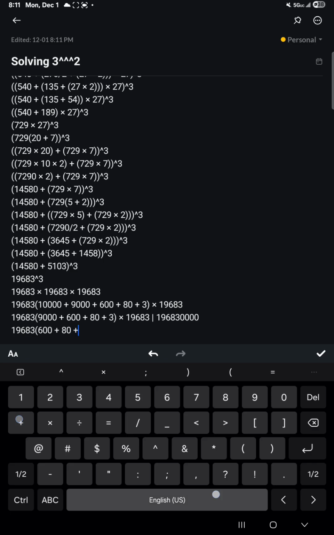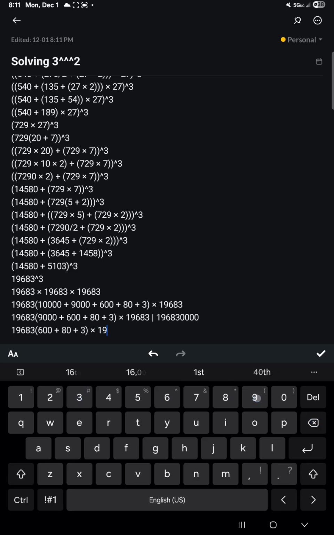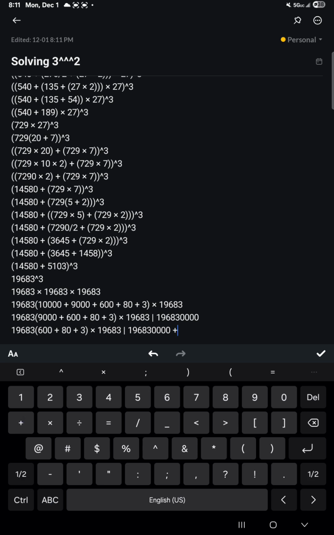I wonder how that would look. We're gonna show you. So 19683 plus, because inside the parentheses we're summing up, if we multiply them, we are still summing up. We're not multiplying them.